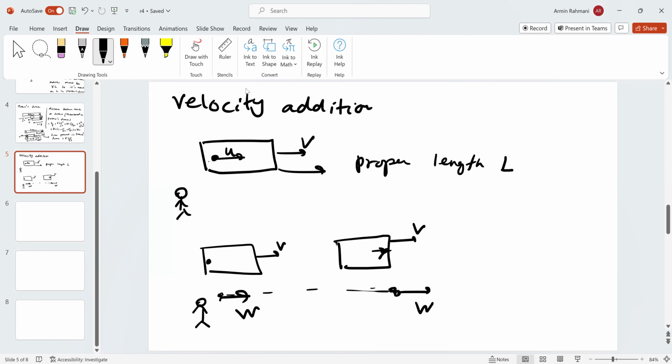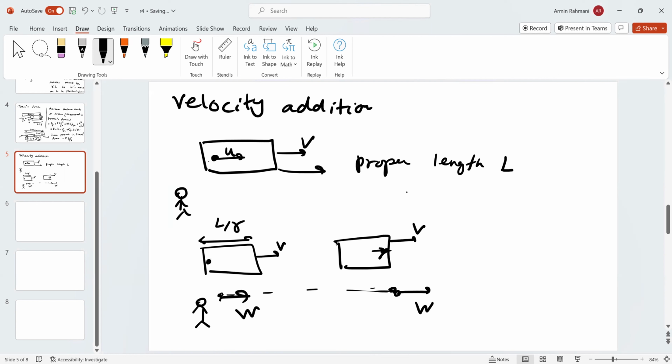All right, so what can we say about these? So the length, if that has a proper length L, according to this observer, he or she sees a contracted length L over gamma. So the process is, this object is at the beginning here, and then it's moving with velocity, let's say w.